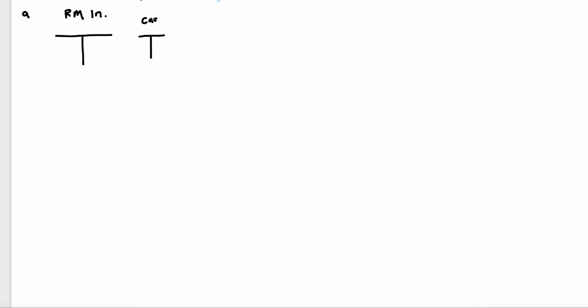If you remember from the last video, raw materials inventory is an asset account, and we always increase an asset with a debit. Remember, the left side is debit, the right side is credit. Always, doesn't matter what T account we're looking at.